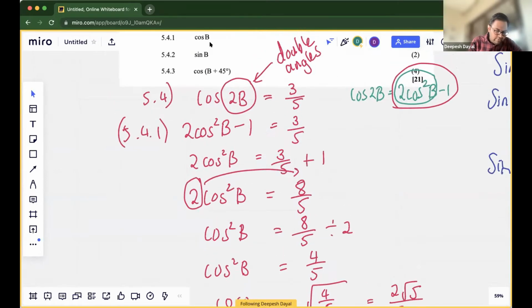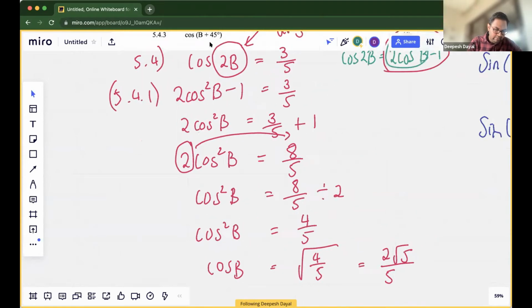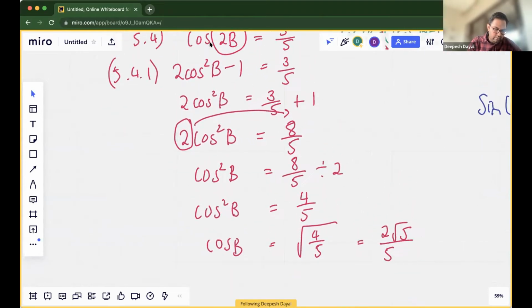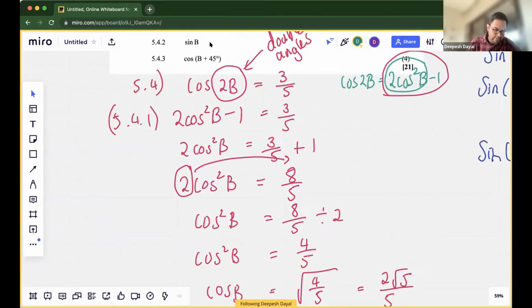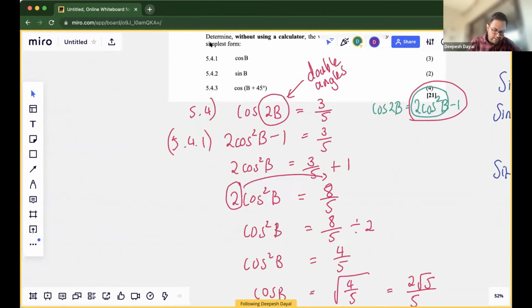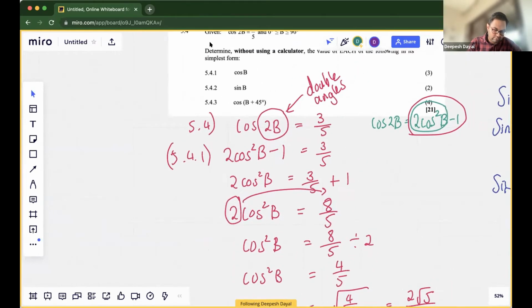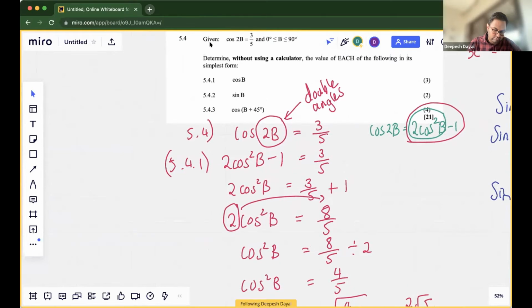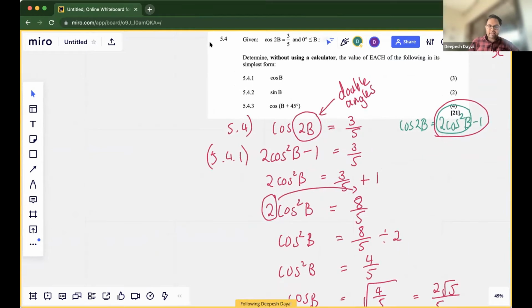And we've got 5.4.2, they want sine B. So we're going to use the same method to find sine B. I'm just going to minimize this so you can see the question with this particular answer. Try that out for me, finding sine B using, again, the cos double angle formula.